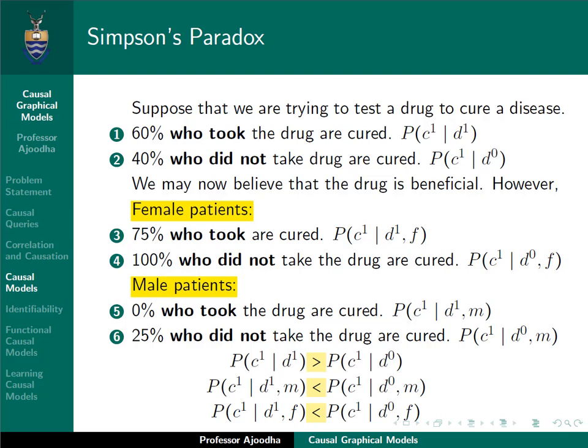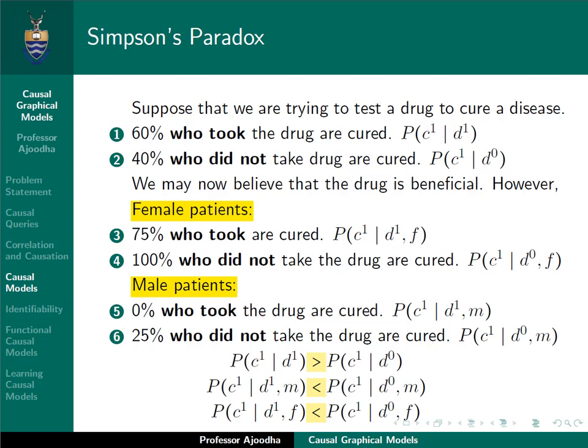So now the drug looks beneficial overall, but harmful within each subgroup, right? Because in 1 and 2 it was beneficial, but in 3, 4, 5, and 6, it was harmful in the subgroup. It looked like it was doing worse.